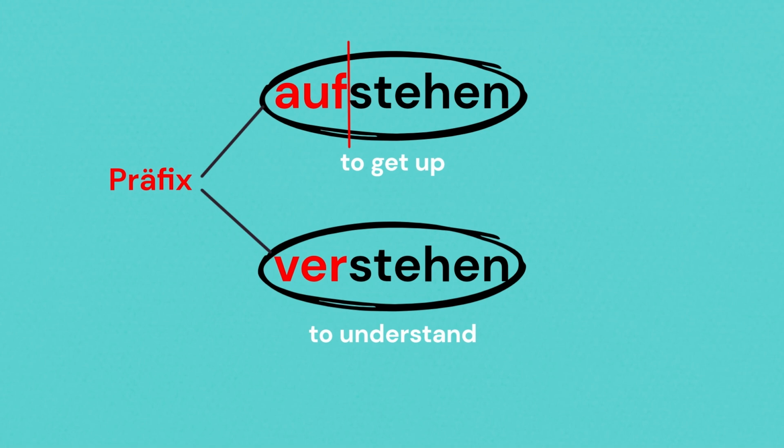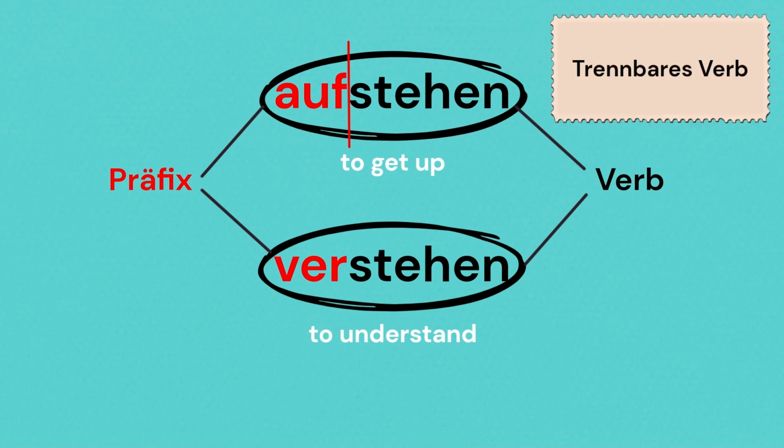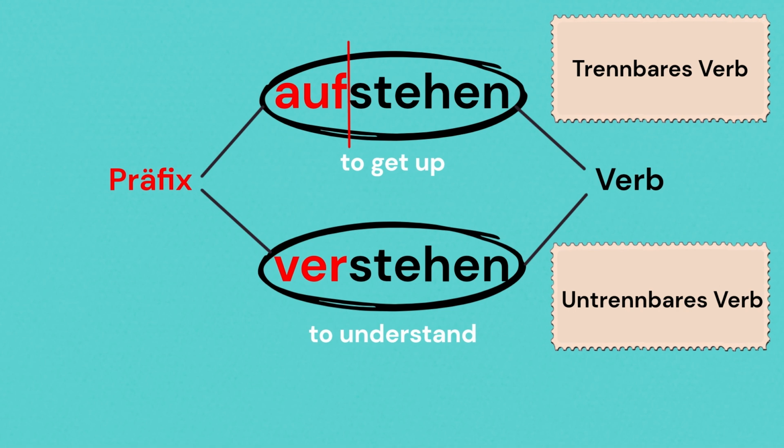In both the cases, the verbs have a prefix, and the second part is the normal verb, in this case, stehen. Since the prefix of the first verb is separable, it is called a trennbares Verb. In the second verb, you cannot separate the prefix, but use the verb as a whole. This verb is known as untrennbares Verb.